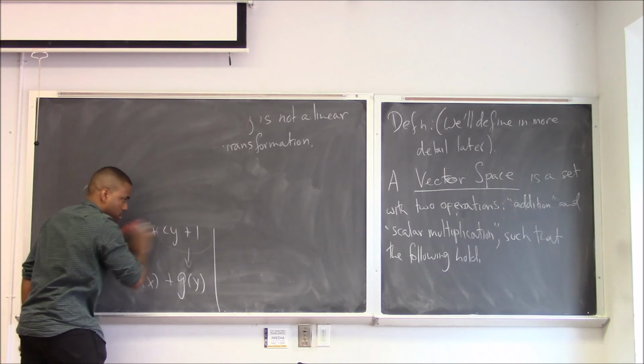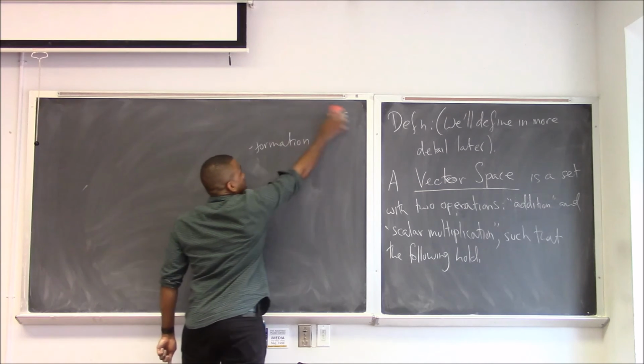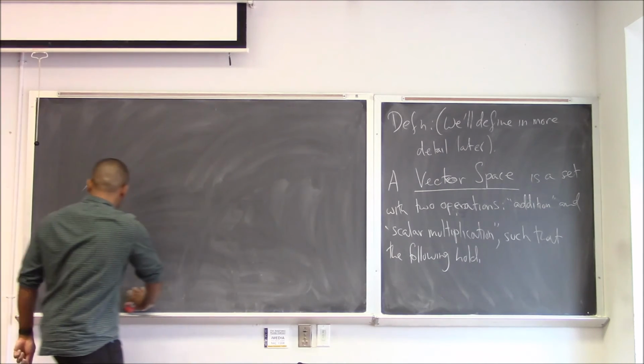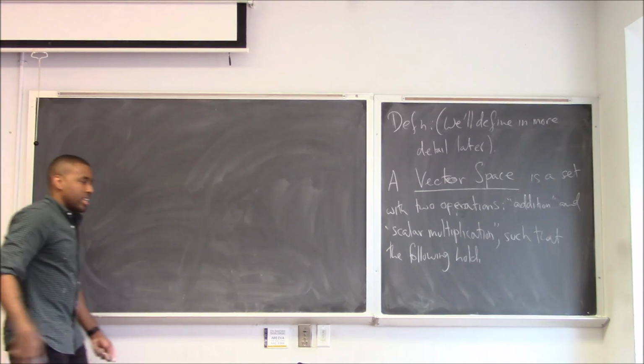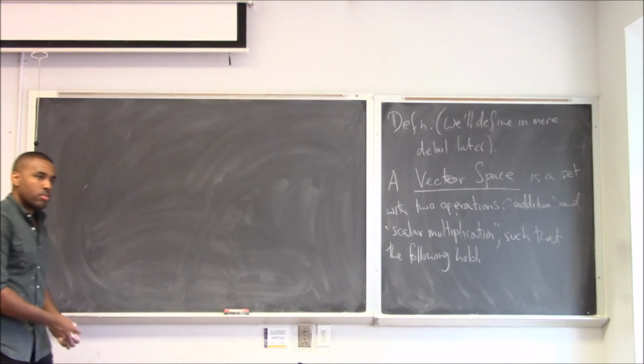So the word vector is familiar. Can anyone hazard a guess as to what a vector space is? An example of one? What would you guess a vector space is?